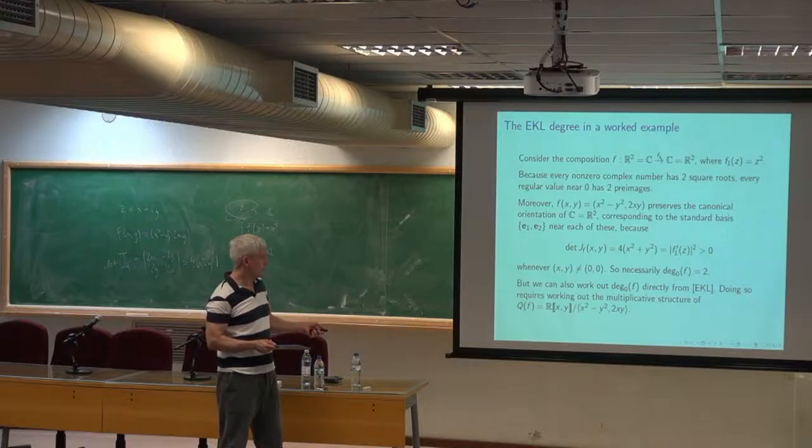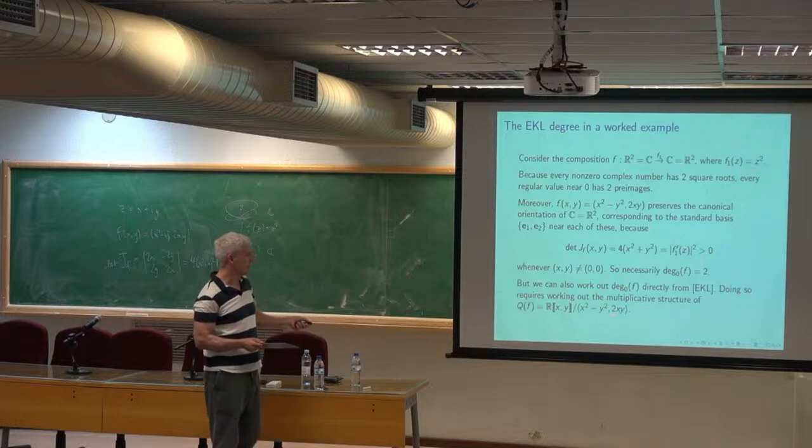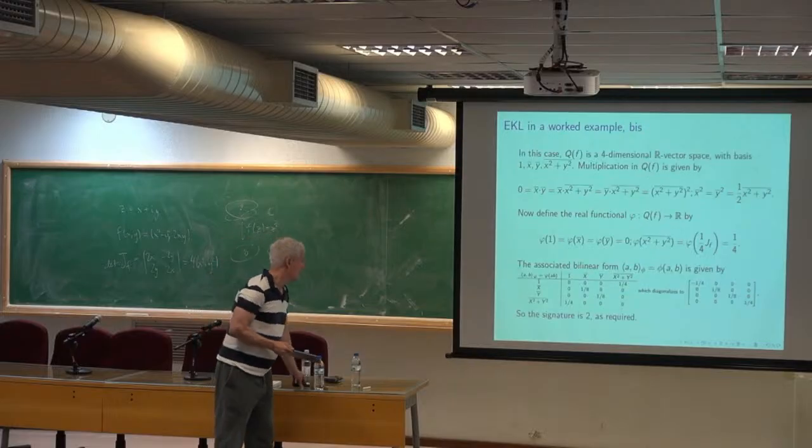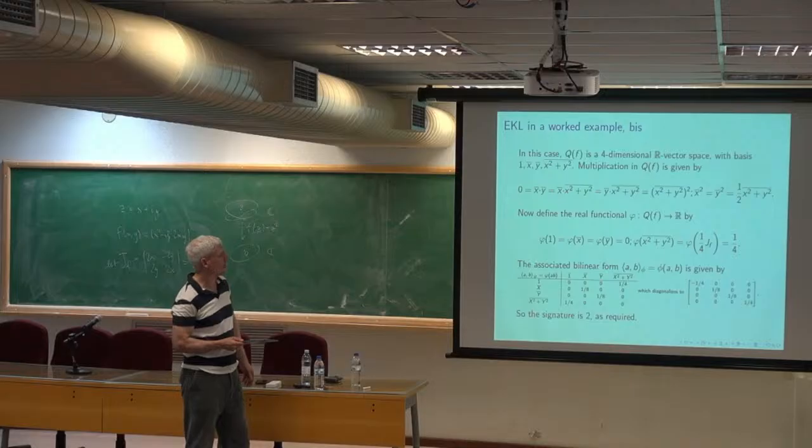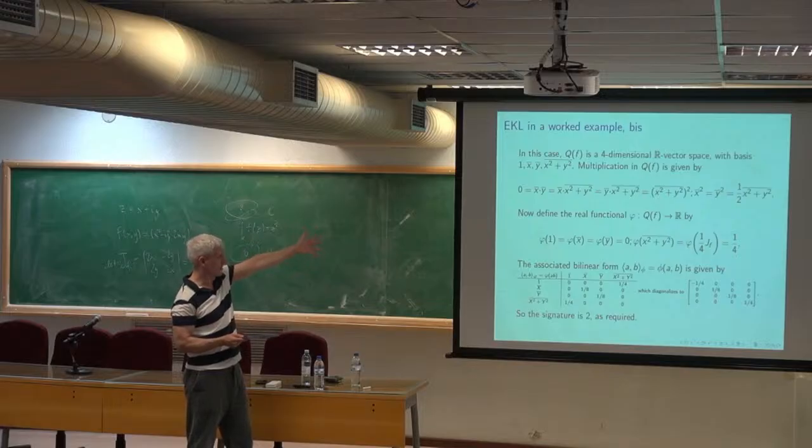Okay, but now I want to do the same thing. I want to work out the topological degree, but on the basis of the EKL theorem. And if we apply the theorem, what that means is applying the multiplicative structure of the local algebra. So how is that going to go? Well, it's easy to work out in this case that the local algebra is 4-dimensional over the real numbers. The multiplication is quite simple.